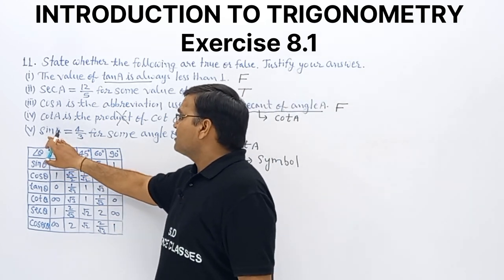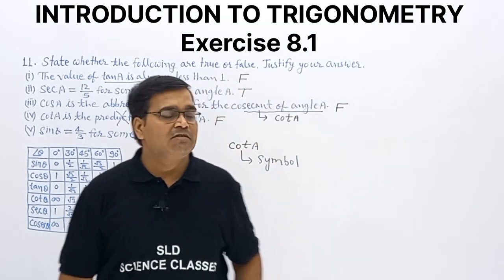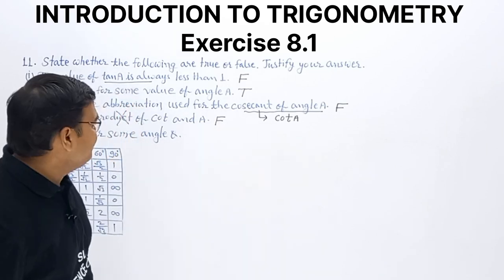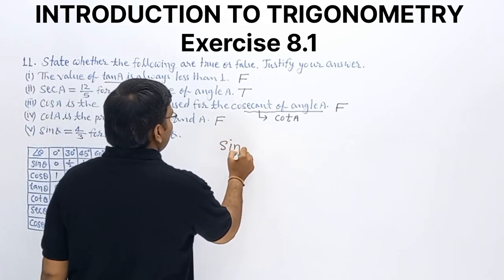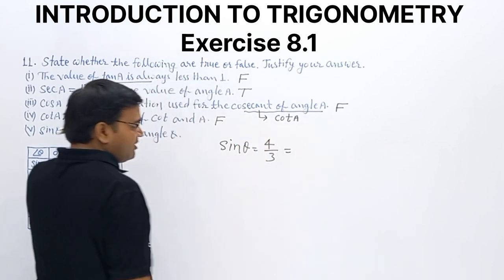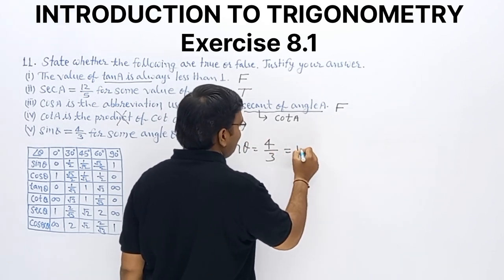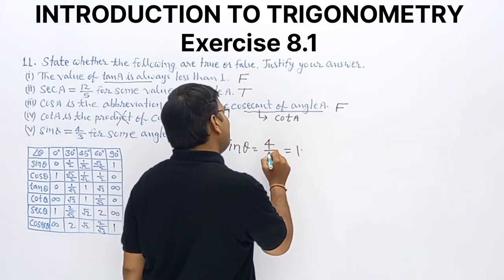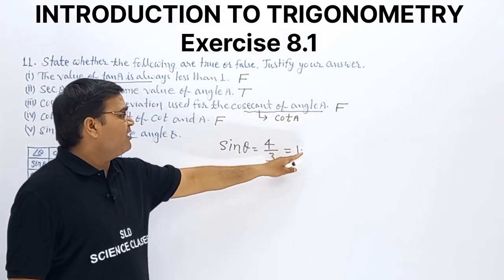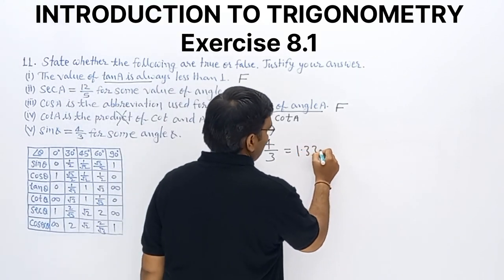Now last one. Sin theta equal to 4 upon 3 for some angle theta. Observe, this is an important question. Once we convert this fraction into decimal, what are we getting? 4 divided by 3, 1 time it goes, 1 remains, then we use the decimal point. 10 divided by 3, 3 times it goes, and so on.